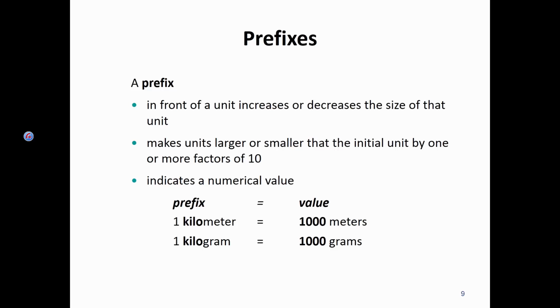This is actually very much the same thing as we do with scientific notation. So a prefix is telling you something about changing that number. So for example, the prefix kilo means 1,000. So if we have 1 kilometer, we have 1,000 meters. The prefix is changing the measurement. The prefix means some sort of numerical value.